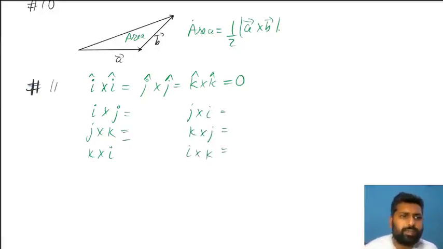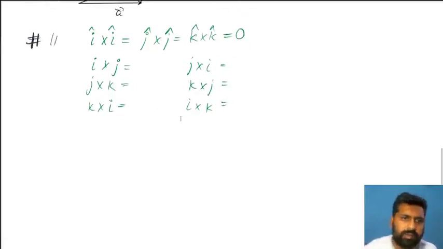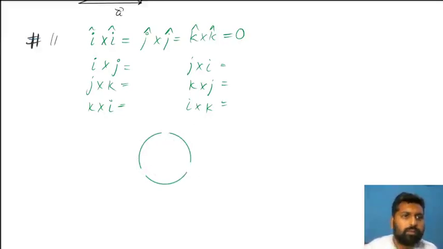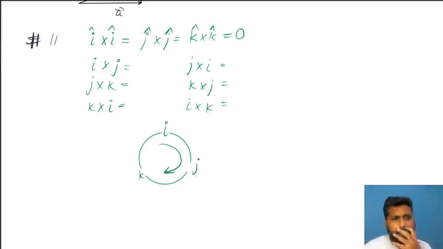For this you don't have to learn 6 different results. You have to remember this diagram: i, j, k, and this sense of direction. Let's see how this helps.